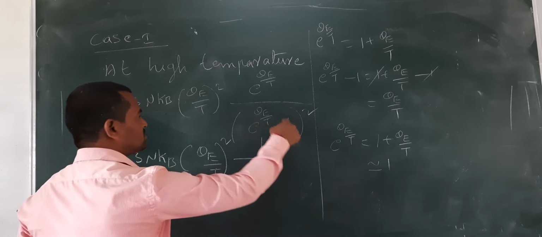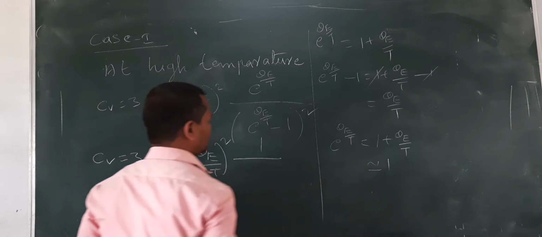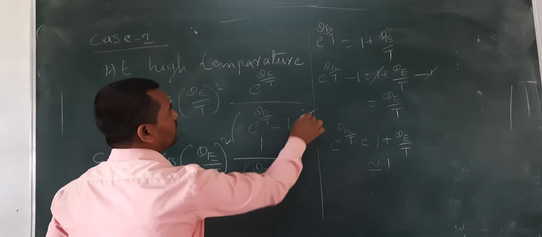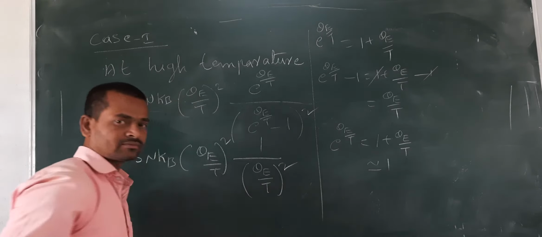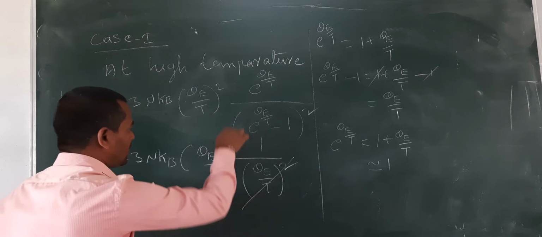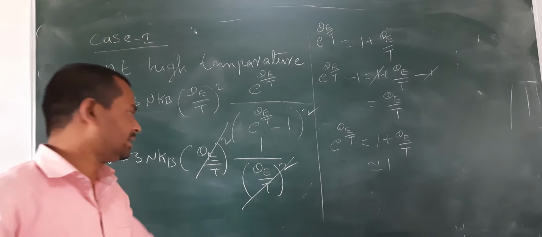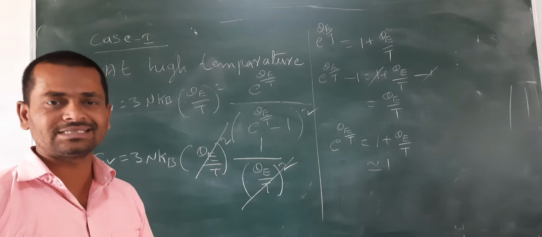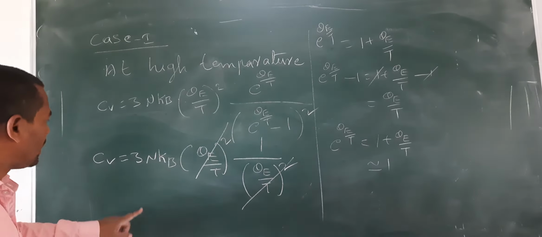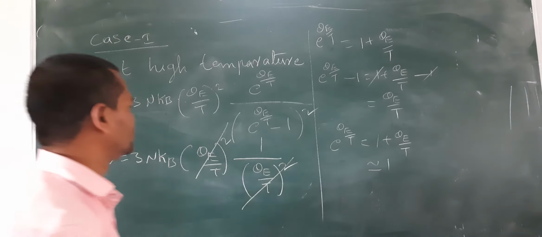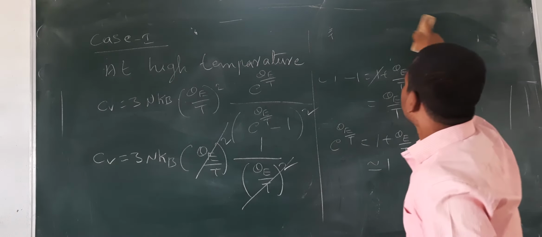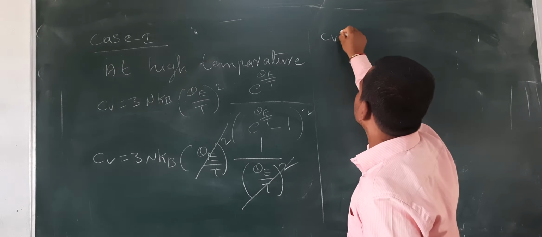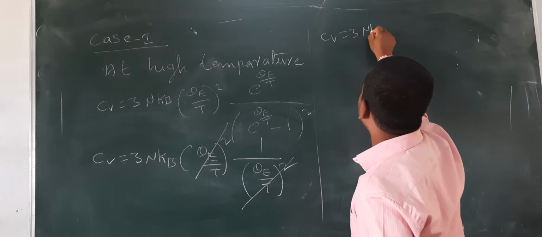In the place of this term we write theta E by T, but we have a square term and this term the same, one in the denominator and one in the numerator, so these two get cancelled. Now what is the remaining term? The remaining term is Cv equal to 3 N k_B.